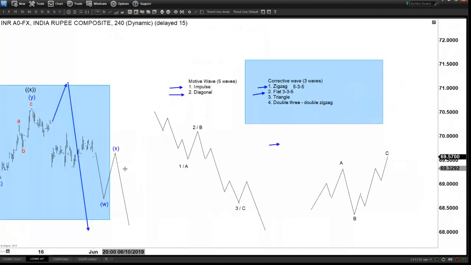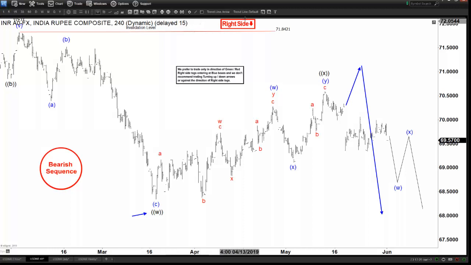Does it look like an impulse to you guys here? Or does it look like 3 waves here? Look at this A here in the red. It looks like an impulse, right? So this can, I guess, be labeled as a zigzag over there. Let me see. I want to give a clear-cut example that is an unmistakable type of flat.